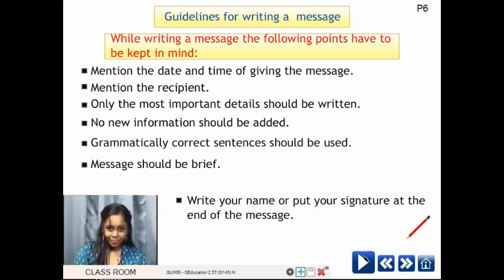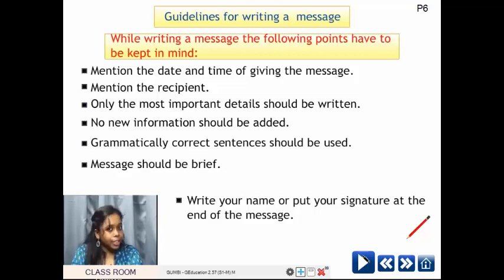When you sign, students, if you just put your signature, everybody may not be familiar with your signature, right? So for that reason, in case you're doubtful, put your name also along with it. Then the person who reads the message will immediately know who has written the message. So you have understood the format, the guidelines of writing a message.